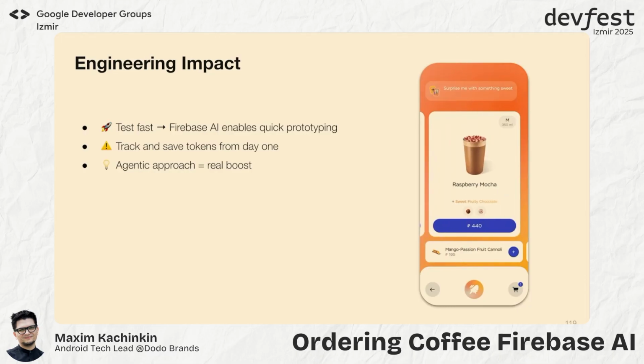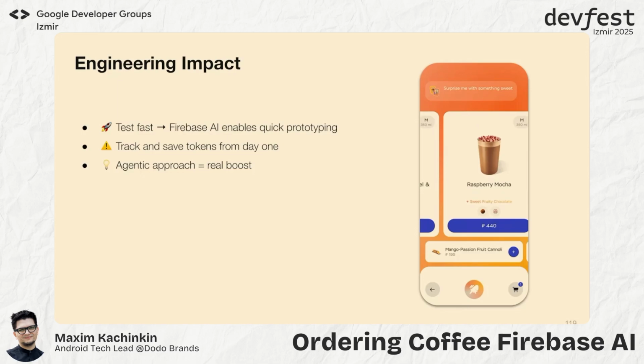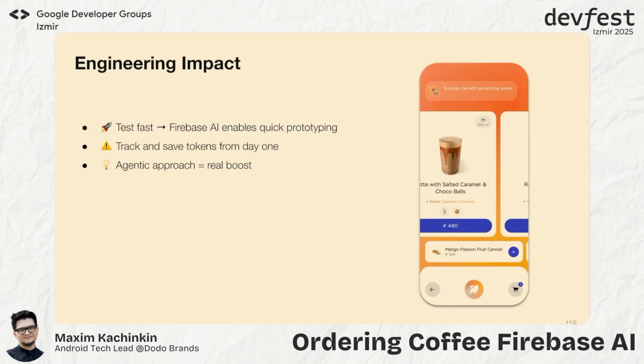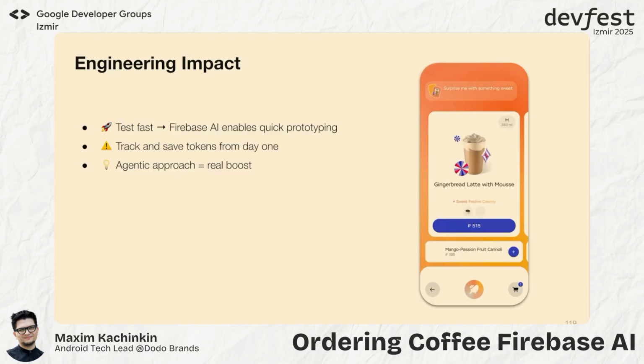And from the engineering perspective, again, testing fast is super cool because we engineers also love to ship fast. We don't like to work really long on some features. And there are two really important things I want to mention and recommend if you do similar features in your mobile app.